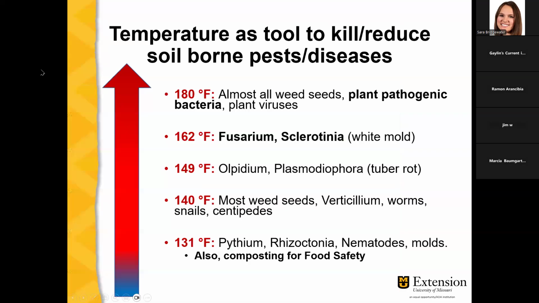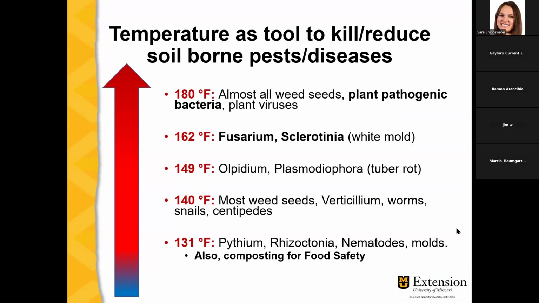Here are some examples of plant pathogens. As I was saying, some pathogens can be killed with lower temperatures, but some require high temperatures to be killed. Some of these pathogens, like Fusarium or some Sclerotinia, produce certain resistant structures that we call survival structures, which can be very resistant to high temperature, and they will survive the composting temperatures.